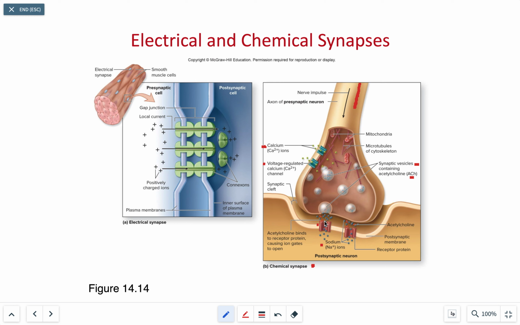This acetylcholine will then bind to receptor protein, causing these ion gates to open. Once sodium crosses into the postsynaptic membrane, we see the action potential propagating across the entire length of the postsynaptic cell. And then the acetylcholinesterase will help break down acetylcholine to allow for another nerve impulse to travel through and to repeat the cycle.